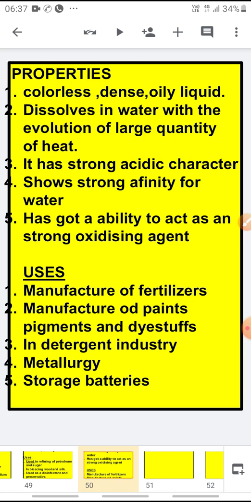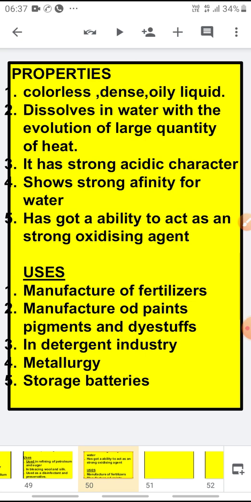In the second step, sulfur dioxide is made to react with oxygen to produce sulfur trioxide, SO3, and the reaction takes place in the presence of the catalyst V2O5, that is vanadium pentoxide. In the third step, absorption of SO3 on sulfuric acid to give oleum takes place.